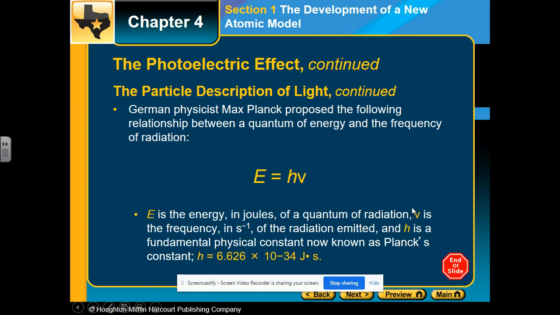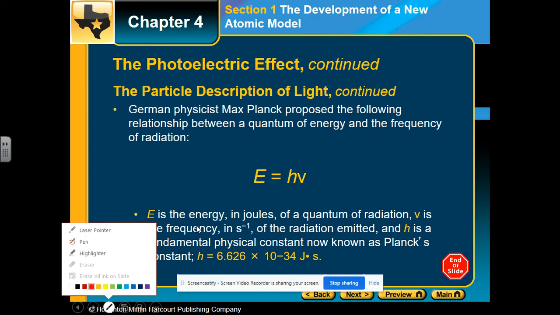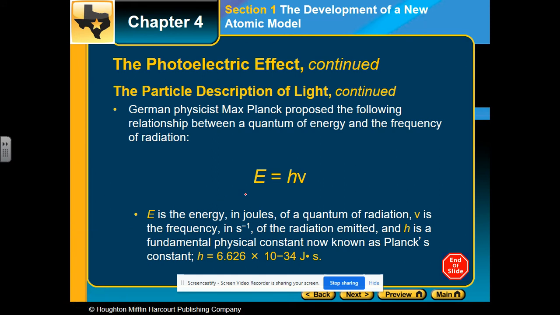As we move into the particle description of light, you have one more formula that you have to be able to use. In this formula, let me get my pen back. E is energy. The units for energy is joules, so make sure that's your units for energy. H is going to be a constant. I'm not going to write it out because it's right here: 6.626 times 10 to the negative 34.